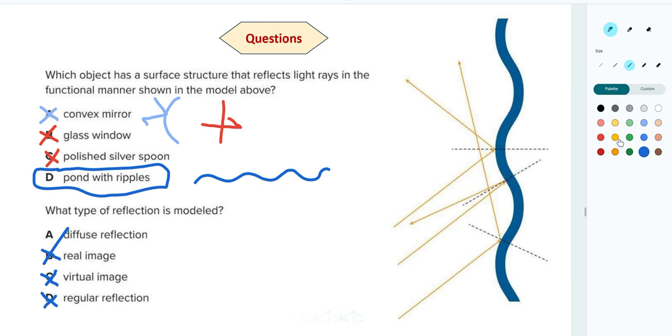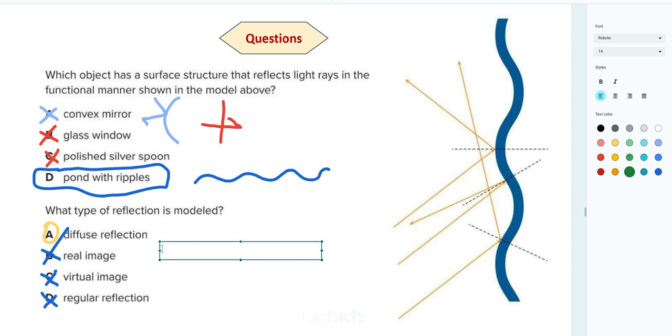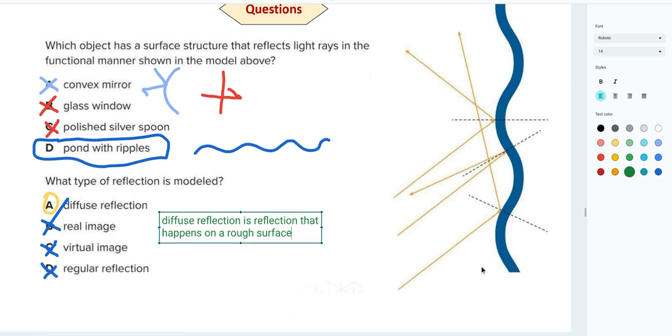This leaves only diffuse reflection. So remember, diffuse reflection is reflection that's happening on a rough surface or an uneven surface.